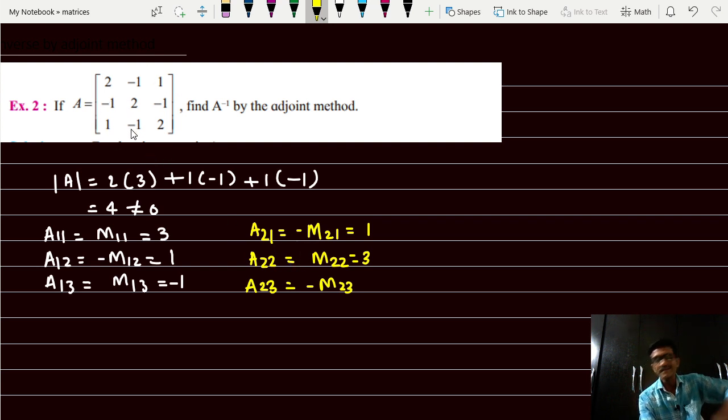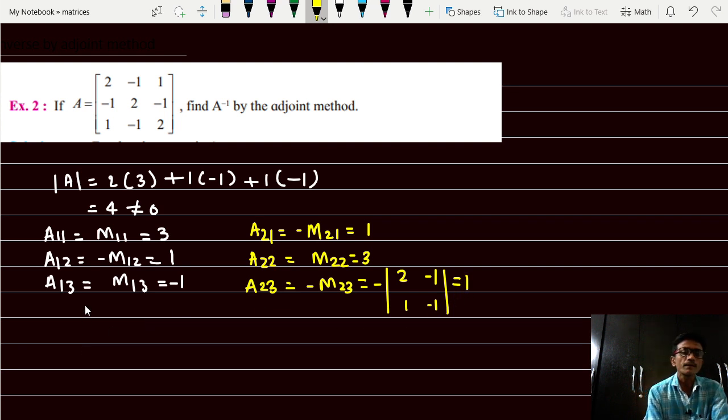So 2, minus 1 and 1, minus 1 are the elements. See, I am writing: after deleting the second row and third column, see what elements remain, 2, minus 1 and 1, minus 1. So what will be the expansion? Minus 2 plus 1 is minus 1, and this will be minus 2 plus 1.